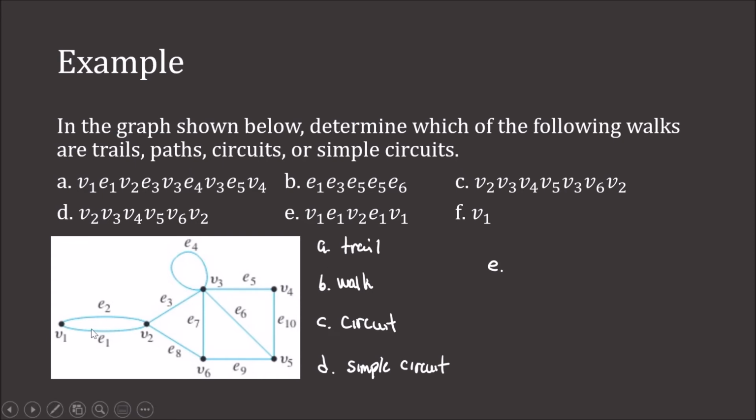E, V1 to V2 using edge 1, then using edge 1 back to V1. So we go from here to here to here. So we have the walk starting and stopping at the same vertex, and it has a repeated edge. So this is just a closed walk. And finally, F is just the trivial walk.